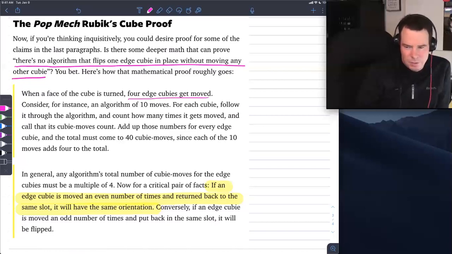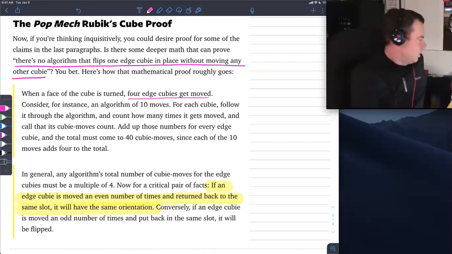If, and this is the one I've highlighted because this is the one we're going to answer, an edge cubie is moved an even number of times and then returns back to the same slot, it must come back with the same orientation it left with.